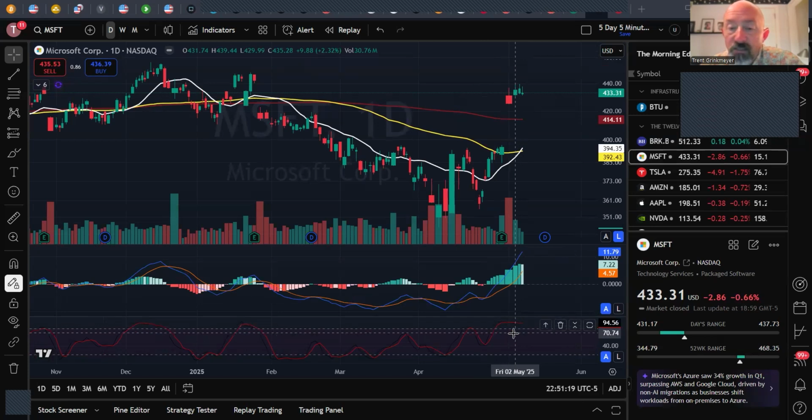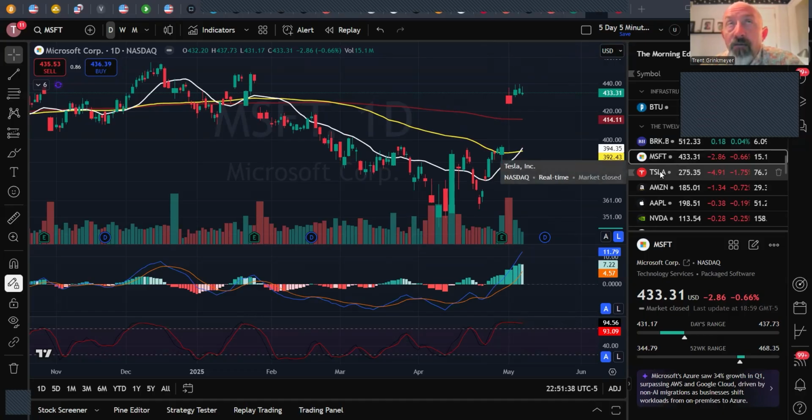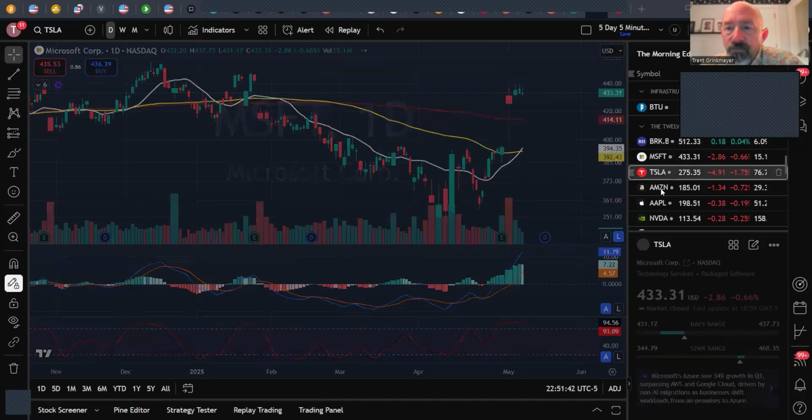The slow stochastic is in the overbought area, over 80, and is going sideways. We can see that oftentimes when you have a bull run for a while, it will be in that area. Microsoft has an allocation as well. I believe it's 8% as well. I think Berkshire was 6, but check the chart below.